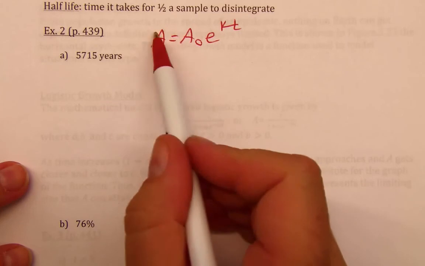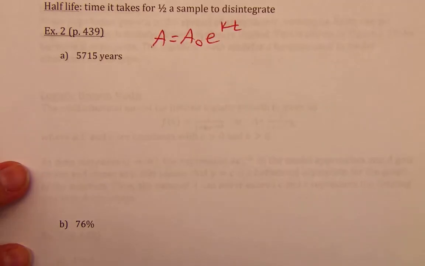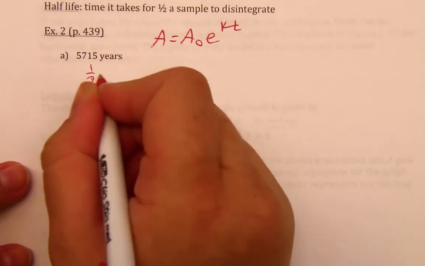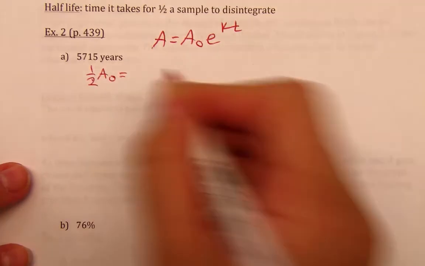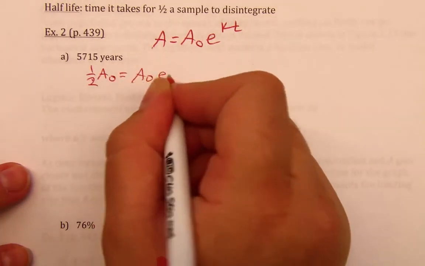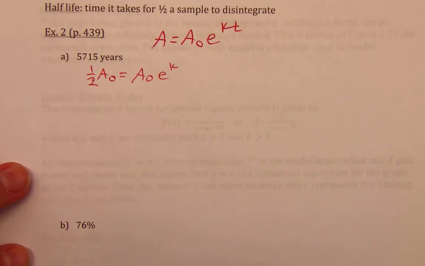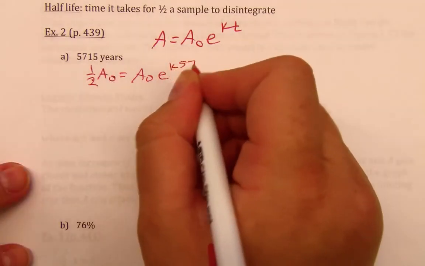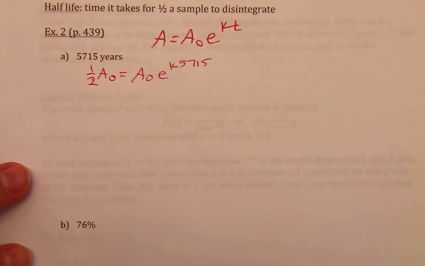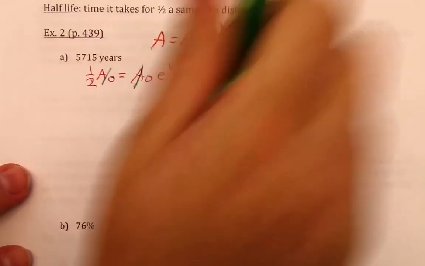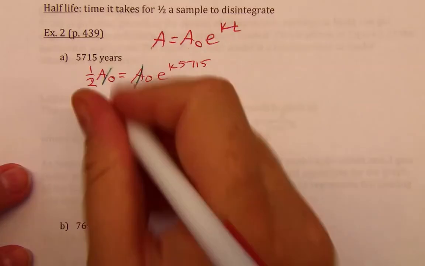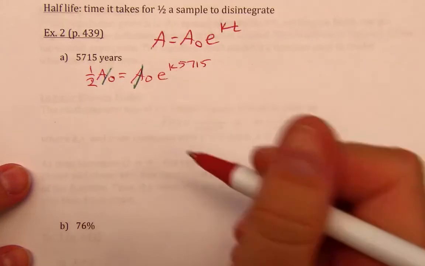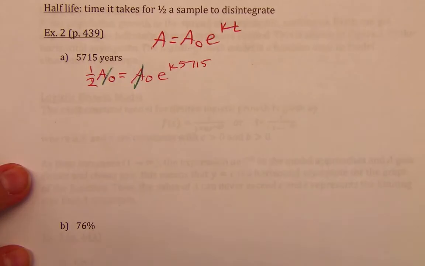So then A is going to be half of A naught. That means we can write half of A naught equals A naught e to the k, and we said it took 5,715 years to get to only half of it left. So now we can divide both sides by A naught, and those cancel out. And now we have 1/2 equals e to the k times 5715.